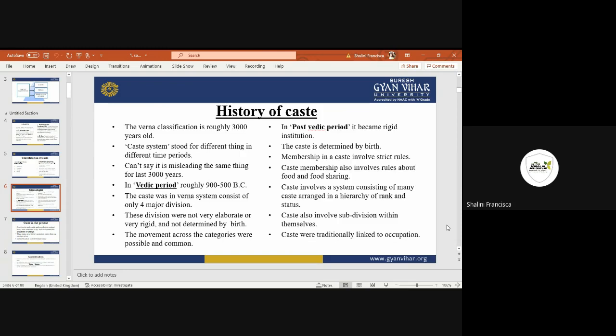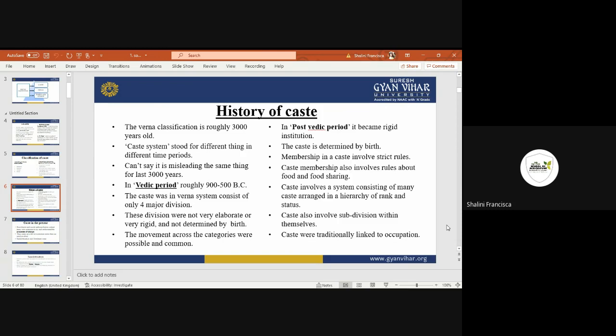These divisions were not elaborate. It was not rigid, only four, not more than four or not less than four. It means all the rules and regulations which were followed were not constant. They could be changed, and it wasn't defined by birth.